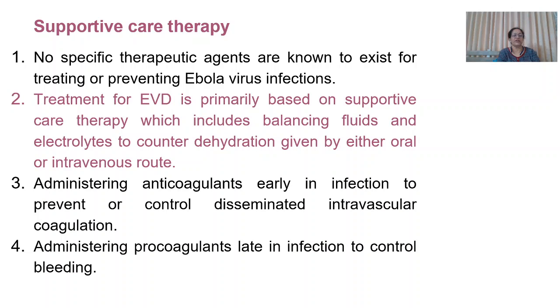Administering anticoagulants early in infection to prevent or control disseminated intravascular coagulation, and administering procoagulants late in infection to control bleeding. So this is quite a complicated type of supportive therapy. Both types, anticoagulants as well as procoagulants, are administered depending upon the type of infection, whether it is early or late.